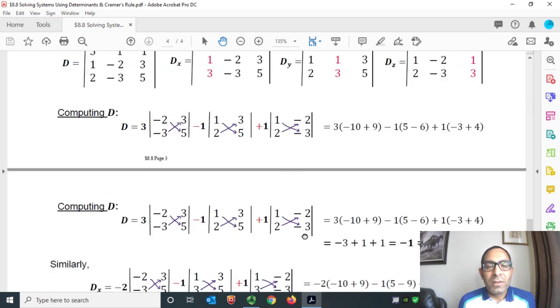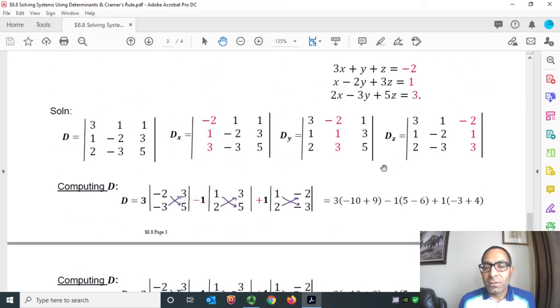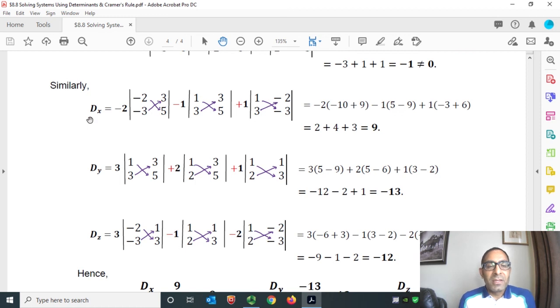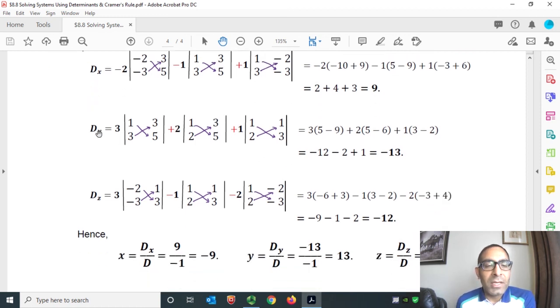Now similarly, we can expand these other 3 by 3 determinants, dx, dy, and dz, exactly like we expanded the determinant d. With the same idea, dx turns out to be 9, dy turns out to be -13, and dz turns out to be -12.